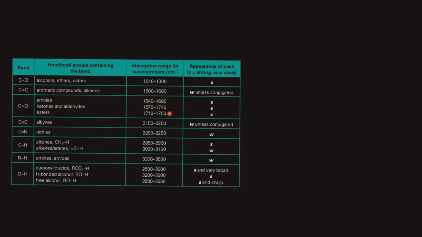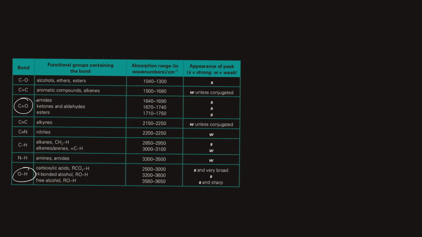We don't really worry about this too much. We get a much more general idea by just looking at the graph, even though this is a lot of information to take in in one go. So the key parts are this region, the OH bond, and this part.